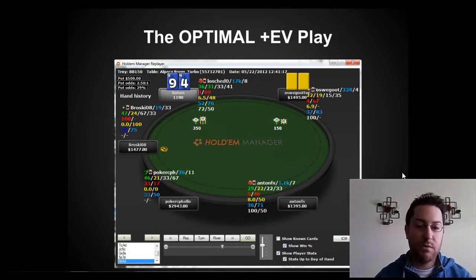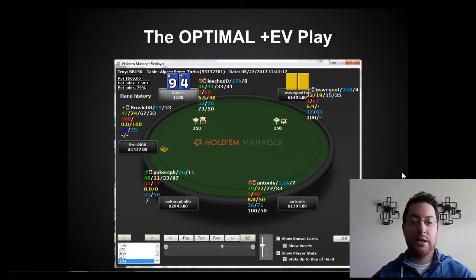But in this situation, as I said, I'm just raising. Now we have to figure out, is this play better than shoving? In this hand, we actually did get him to fold, which is exactly what we want.